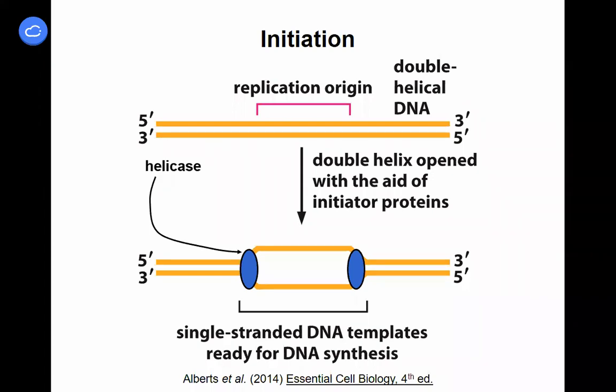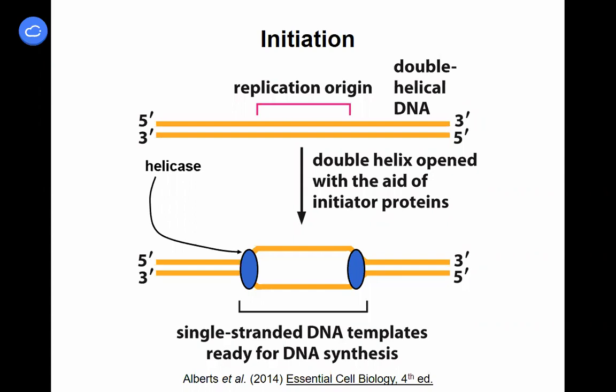So we've got a replication bubble, the strands separate, and helicase binds there and makes the replication bubble bigger by moving in either direction away from the replication origin. That's a function of helicase.